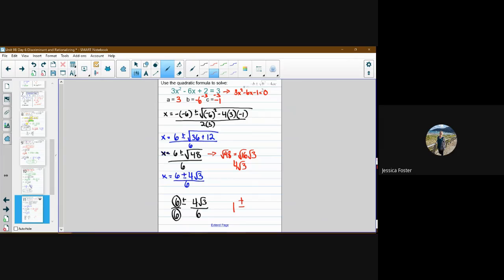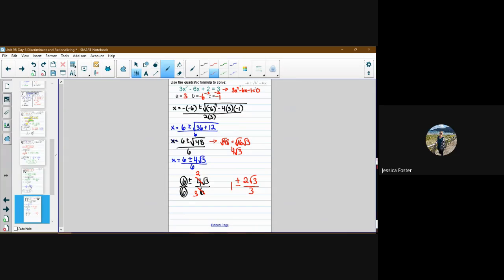Well, what goes into both 6 and 4? 2 does. 2 goes into 4 2 times. 2 goes into 6 3 times. So then I have 1 plus or minus 2 square root of 3 all over 3, just like that.